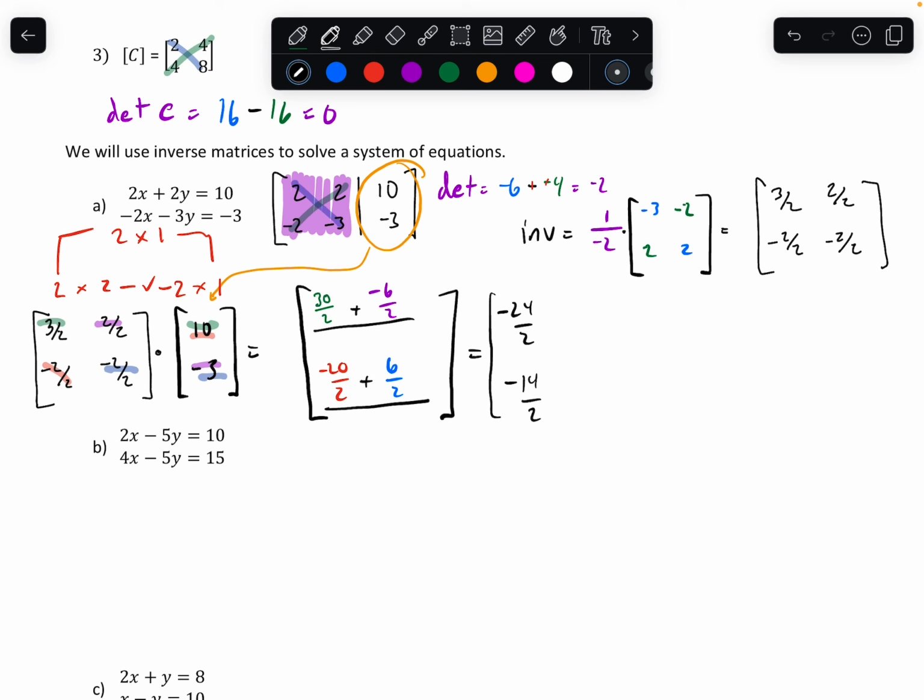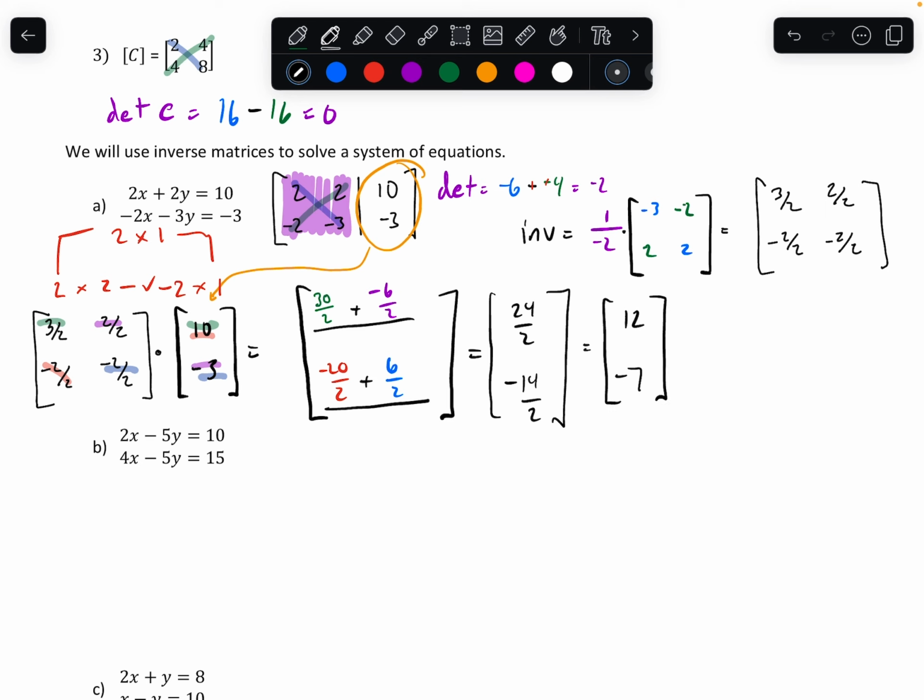And so, of course, reducing those, we get negative 12 and negative 7. Not negative 12. Sorry. 30 halves plus negative 6 halves is 24 halves. So that's positive 12, negative 7. So there's our x and y.